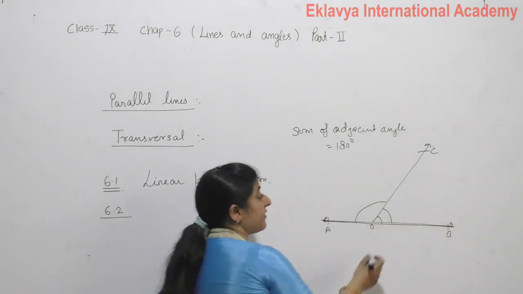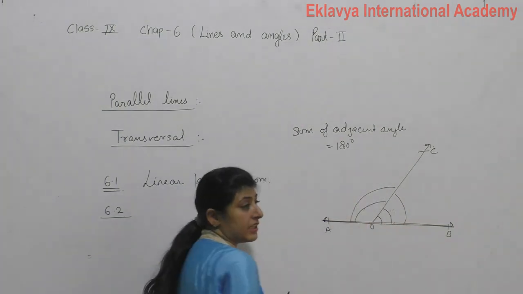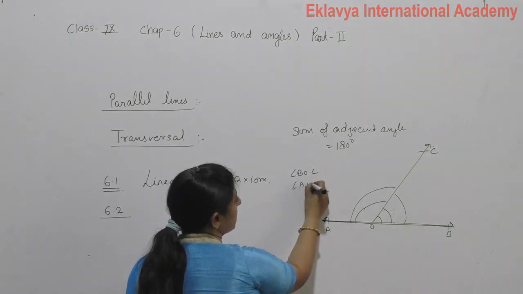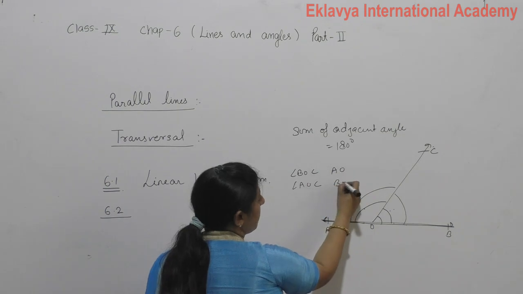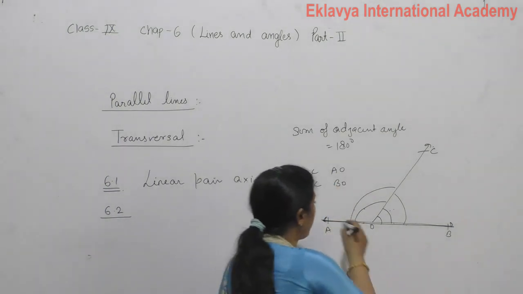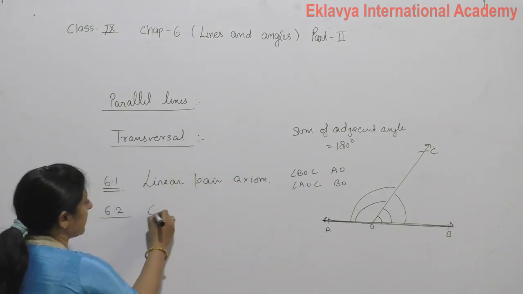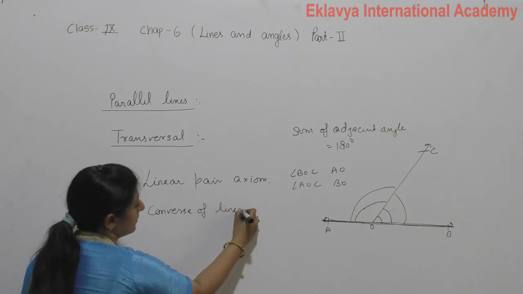That is, if it is given that the sum of any two adjacent angles is 180 degrees, say the adjacent angles BOC and AOC, obviously the non-common arms are AO and BO. They form a line. So there is an axiom, the converse of the linear pair axiom.